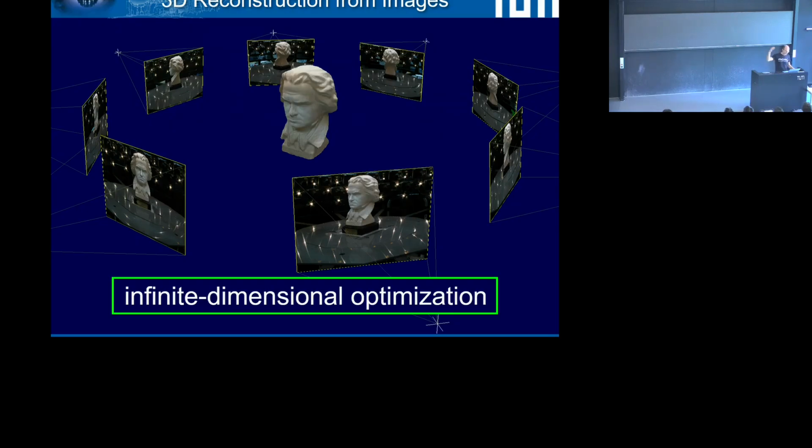So for example here, if you take 3D reconstruction from images, an applied mathematician would say this is an infinite dimensional optimization problem. That typically throws off a lot of people. As soon as you talk about more than 3 dimensions in public, people get scared. I don't know why. It's not very profound really. The way you can see this is, let's say you take a wild guess at what's in front of the camera.